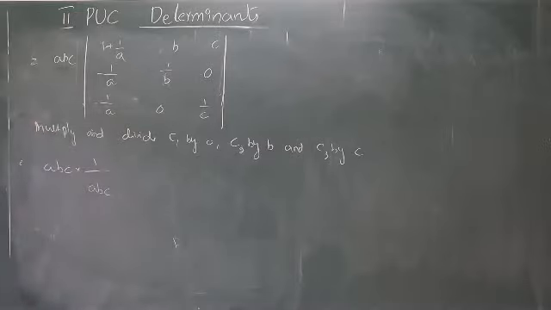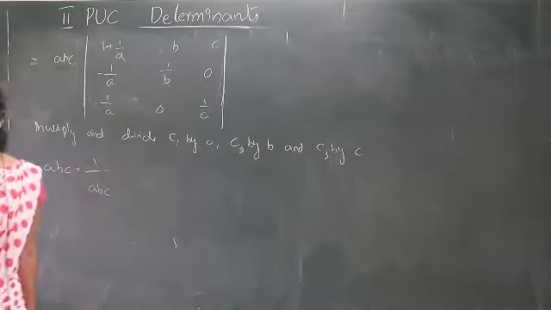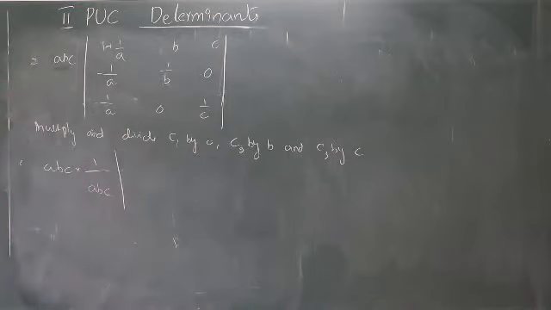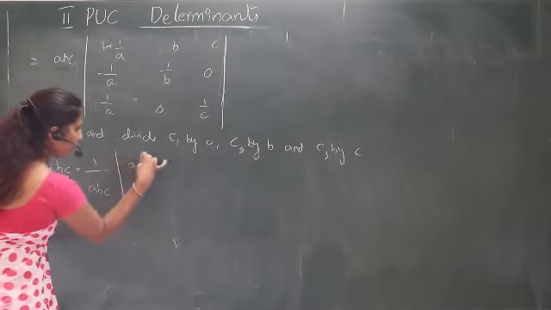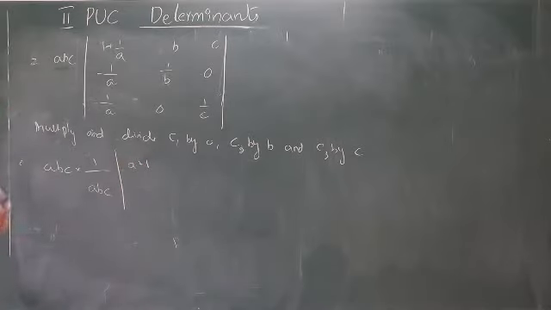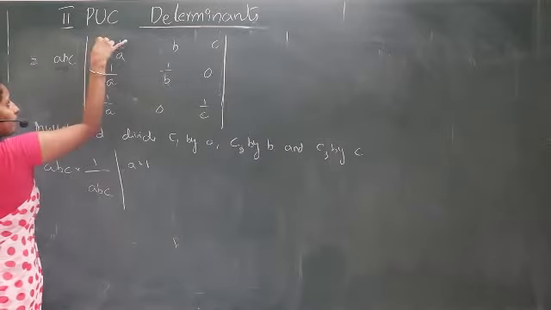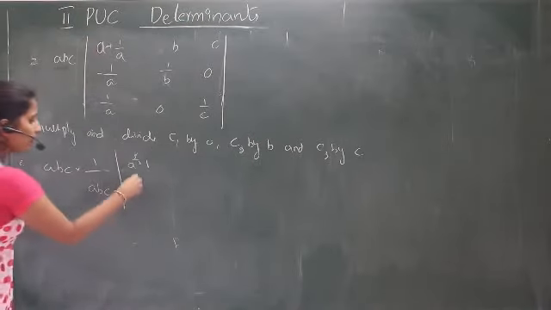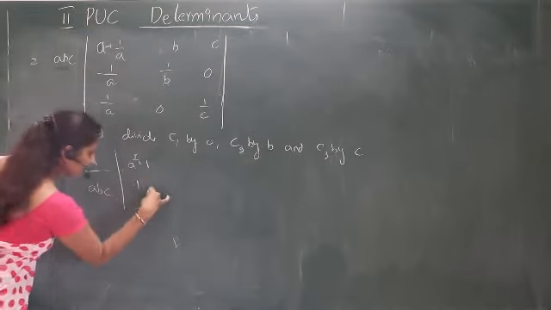I have divided, so now I have to multiply inside. So what we get when I multiply C1 by a: a plus 1 by a times a gives a square plus 1, and here it will be minus 1, minus 1.